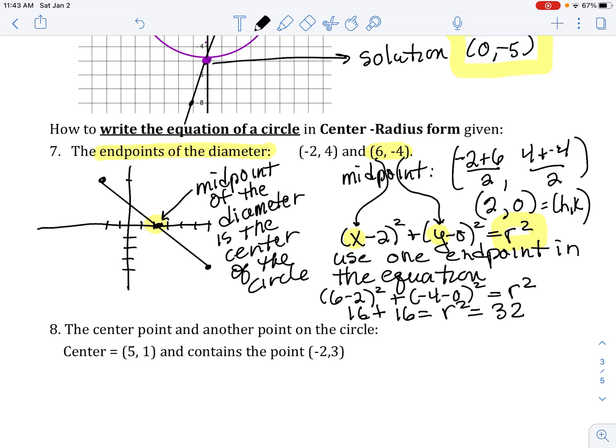But this is less work because now I have everything I need for the equation of this circle. So x minus 2 squared plus y squared, because y minus 0 is y, equals 32. And there is my circle.